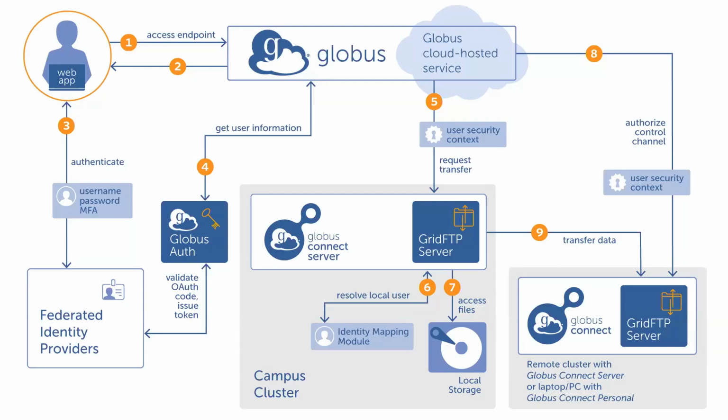At the same time, on the other side, we're talking about a mapped collection, right? The user authenticates to the other side as well with their local account on that side. And then now the two GridFTP servers start talking to each other directly. And the Globus cloud service, the hosted service, maintains the control.